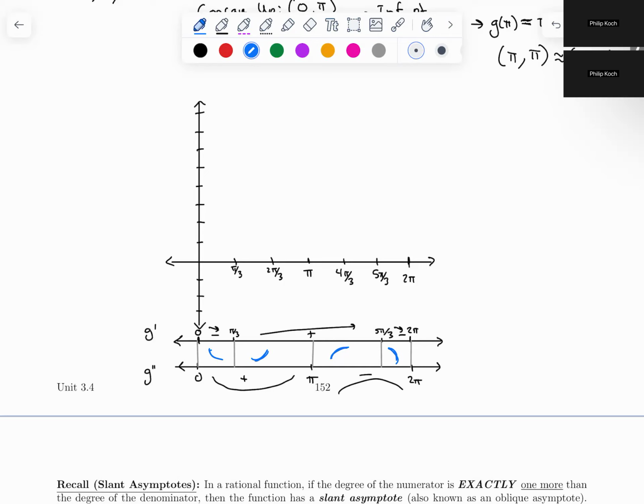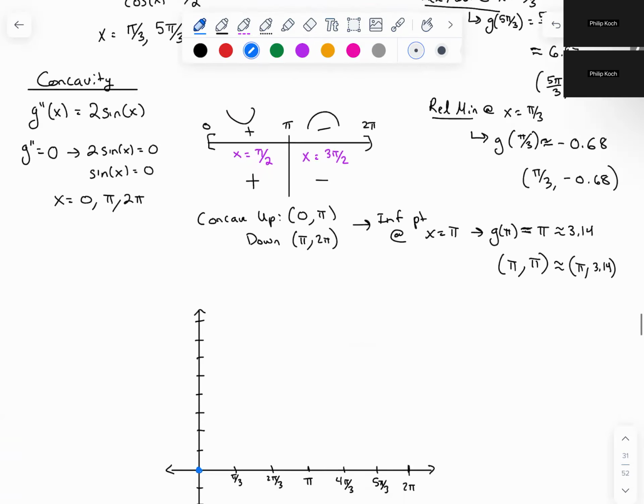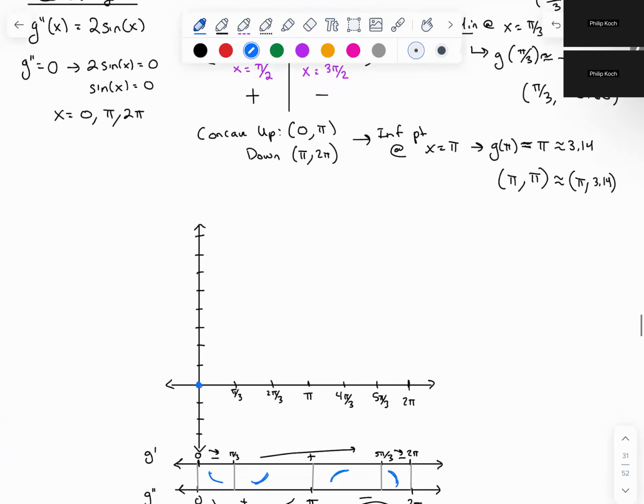Now that we've got that all done, we're going to plot any important points that we found. So we had 0, 0 as an x and y intercept. We had a relative maximum at 5 pi over 3, 6.97. So 5 pi over 3, 1, 2, 3, 4, 5, 6, and it's basically 7. So right about there.